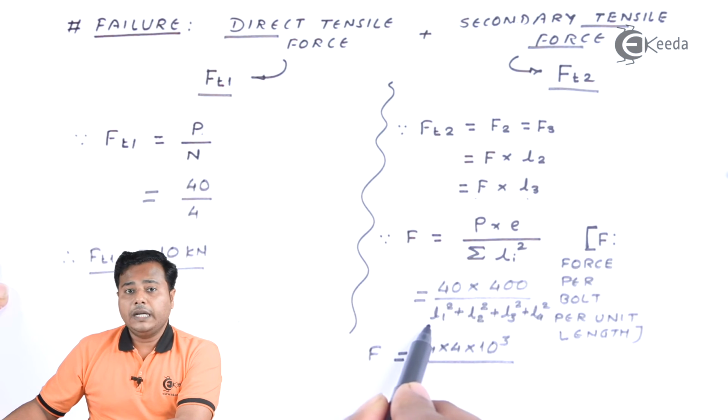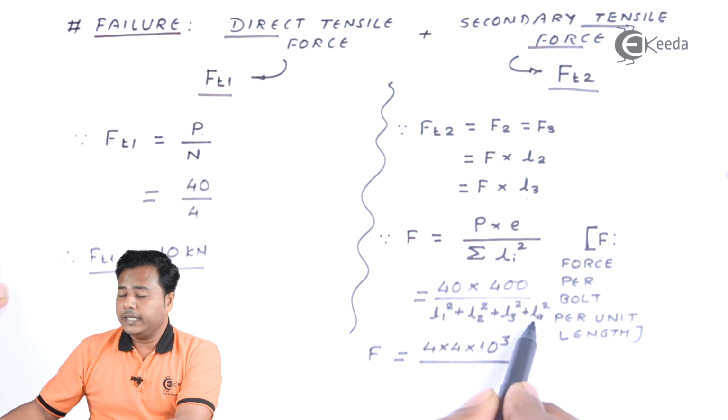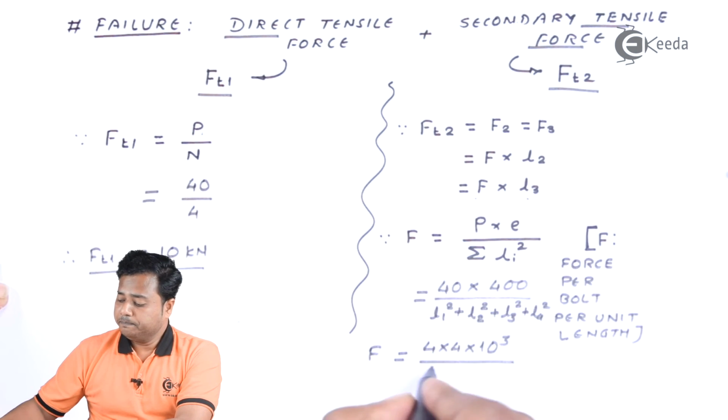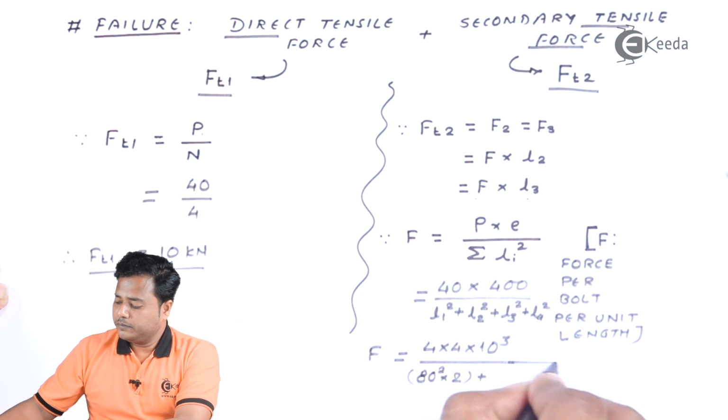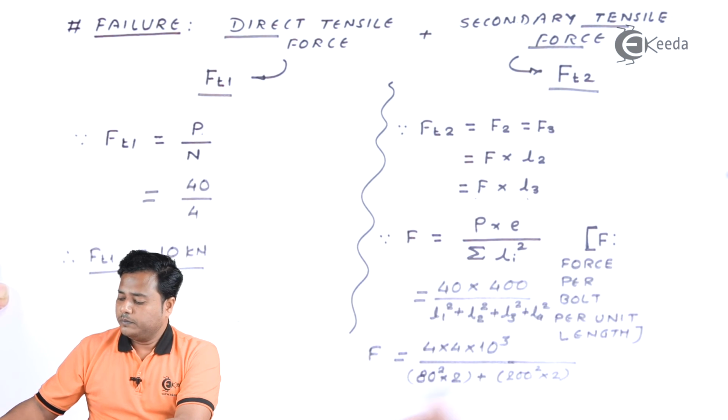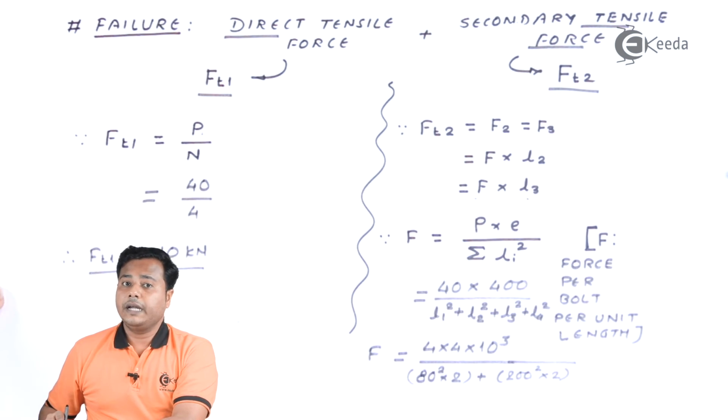Now, we know that length 1 and length 2 are the same, and length 3 and length 4 are the same, and that's why this is how the expression will be derived.